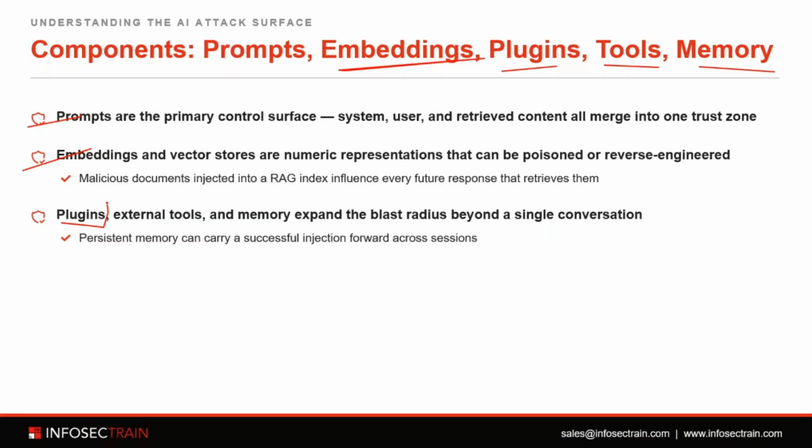In an enterprise context, plugins can connect AI systems to internal APIs, databases, or security tools. This transforms the AI from a passive text generator into an active agent capable of executing workflows.